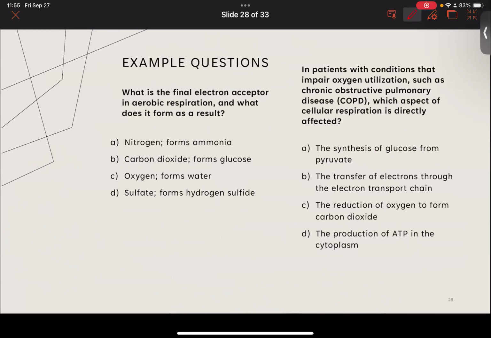All right. What is the final electron acceptor in aerobic respiration, and what does it form as a result? Well, it gives the answer away. All you would need to know on this one would be oxygen. You know your final electron acceptor for aerobic has to be oxygen, right?